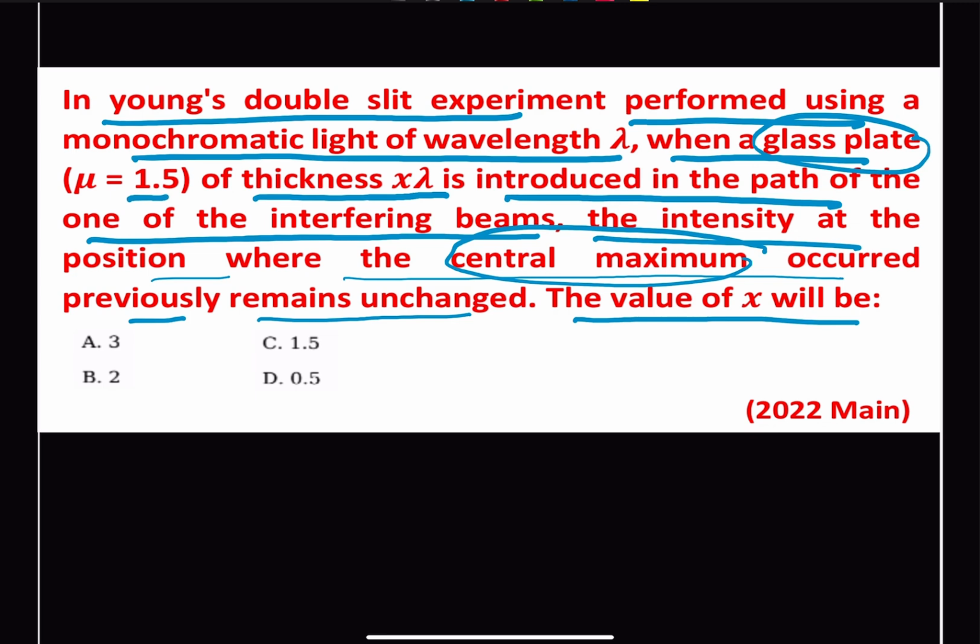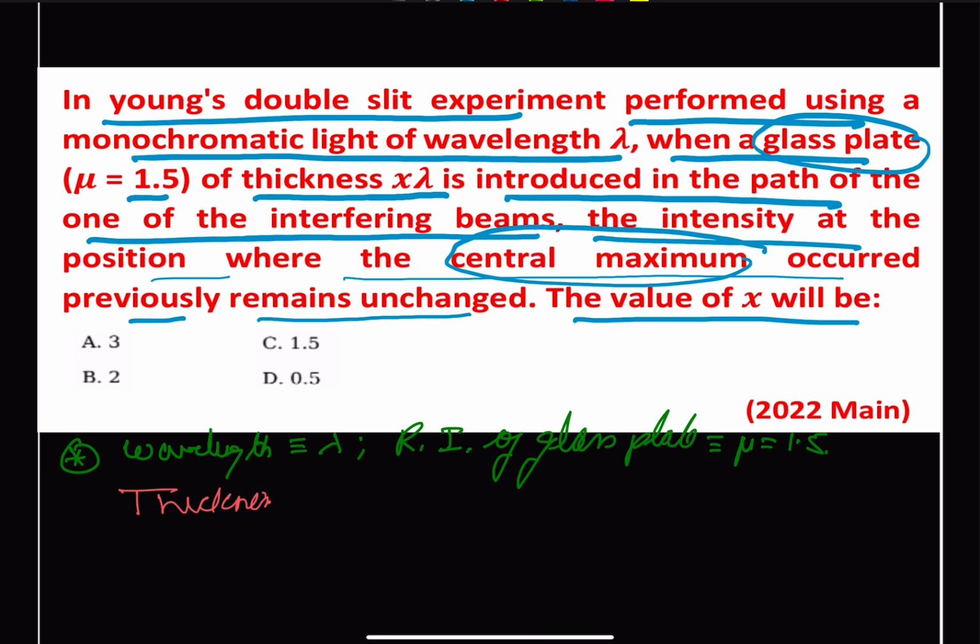So first of all, let's write the things which are given to us. We are given a wavelength, which is our lambda, and a refractive index of the glass plate, that is given to us as mu 1.5, and the thickness of the plate, which is x times lambda.